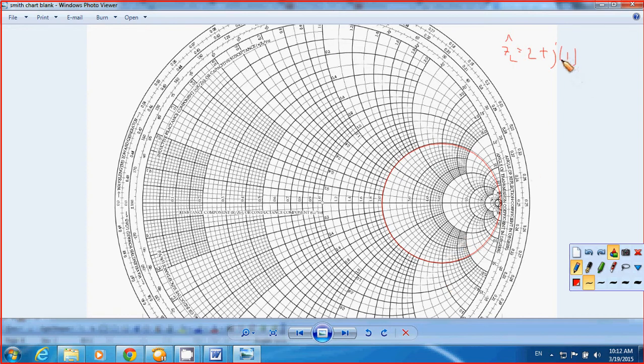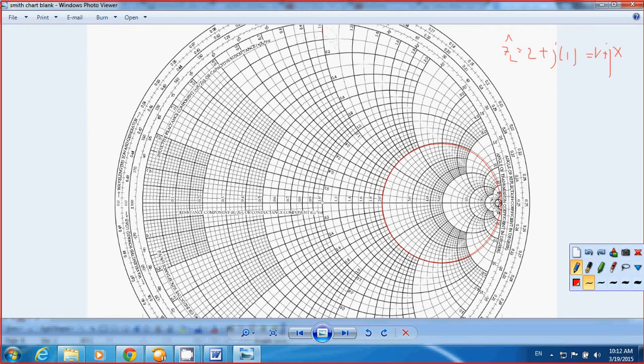And then x is equal to 1. This is R plus jX. So X becomes a positive 1. So you take a look at the upper part of this circle here. Where's your 1? This is your 1, because this is 1.2, this is 1.0, and this becomes 0.9.